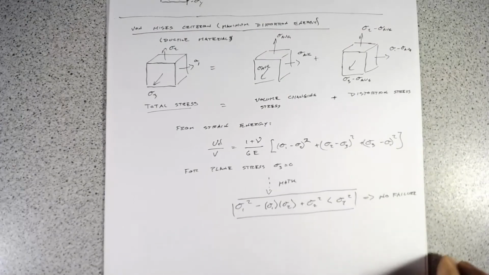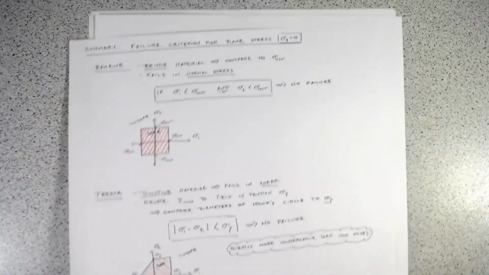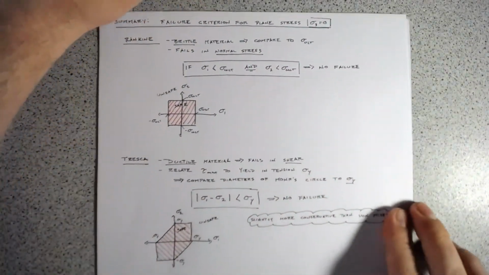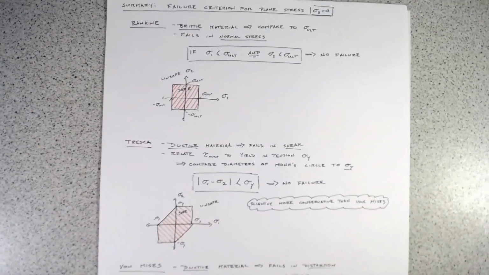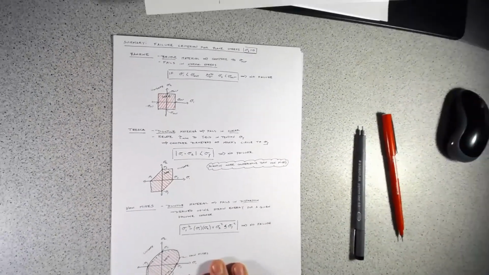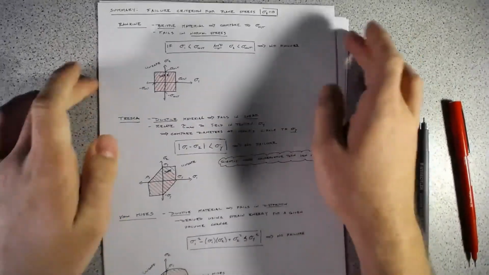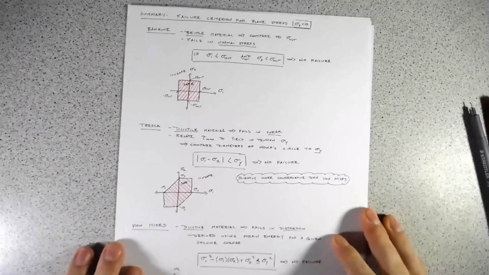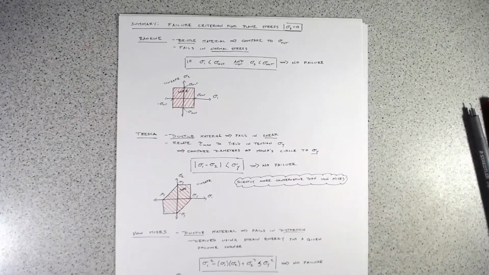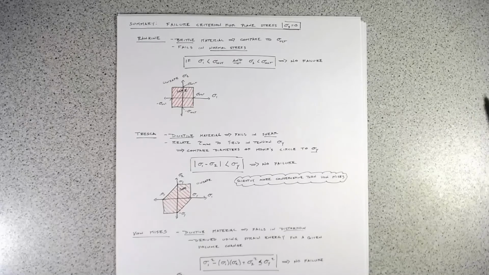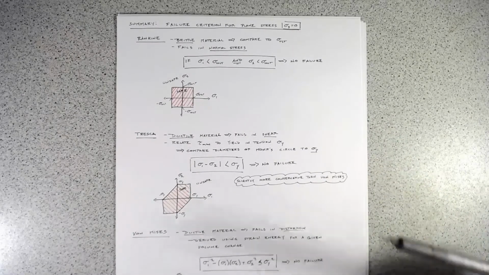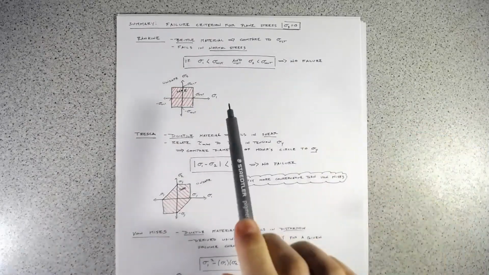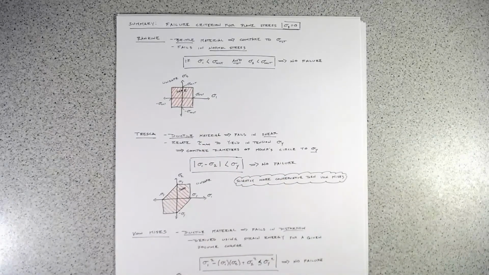And that's essentially it. So I've done just this small summary sheet to boil down all of the key components for each of these, and maybe we can zoom out a little bit so we can try to see the whole sheet at once. For our summary, where we've got ranking, it's useful for brittle materials, and we're comparing a failure and normal stress.